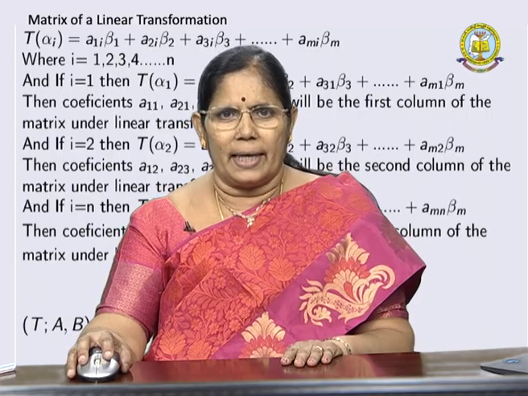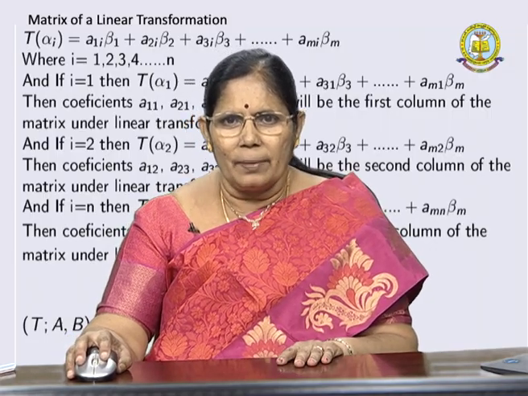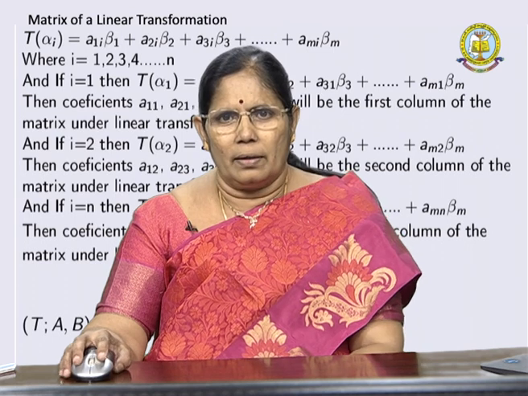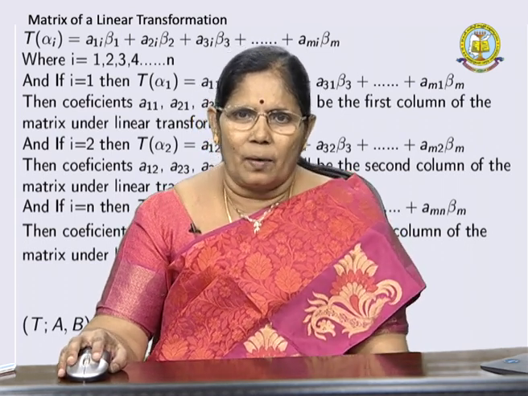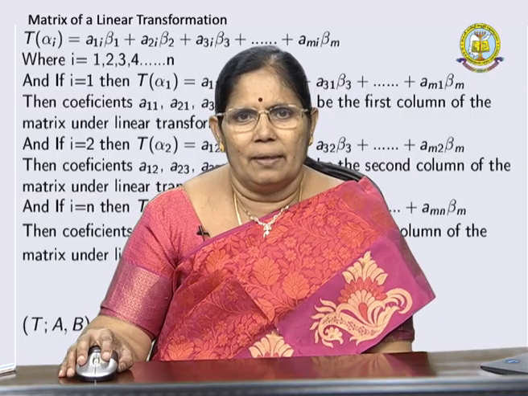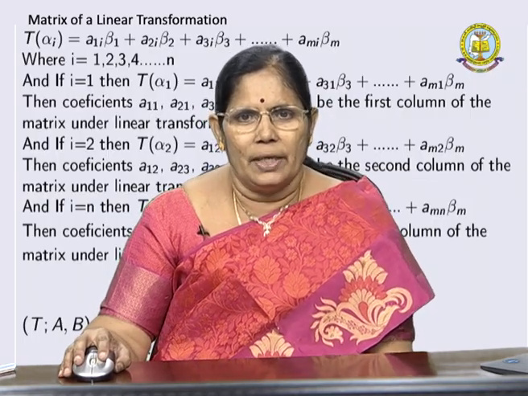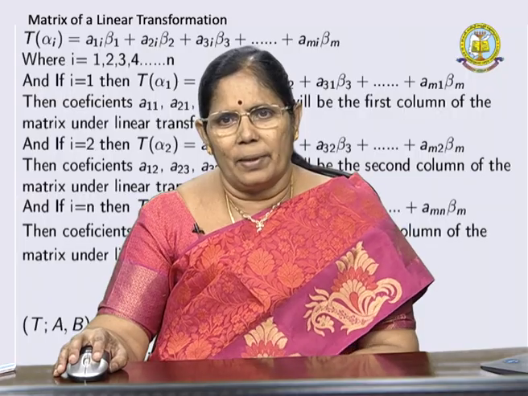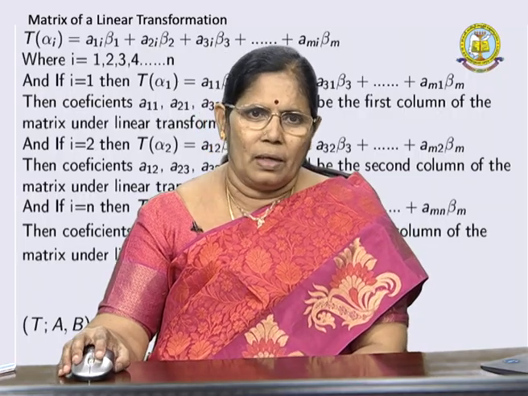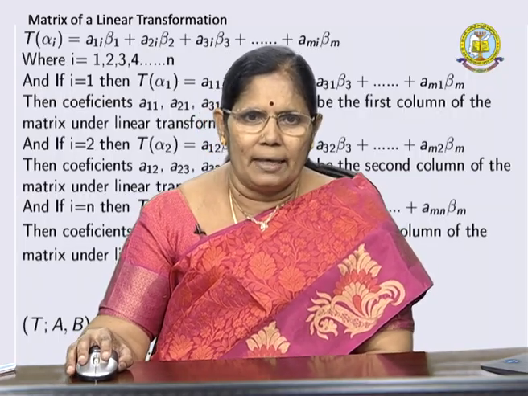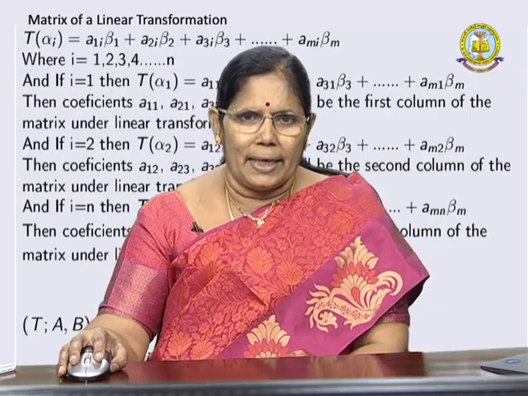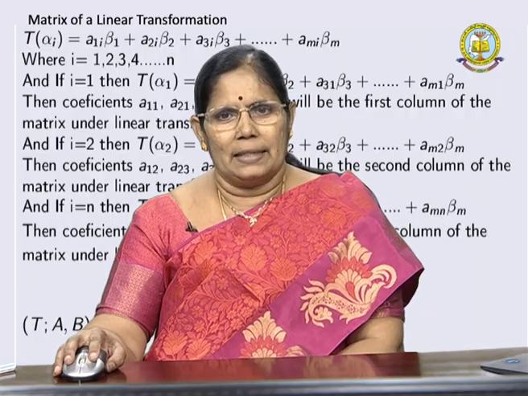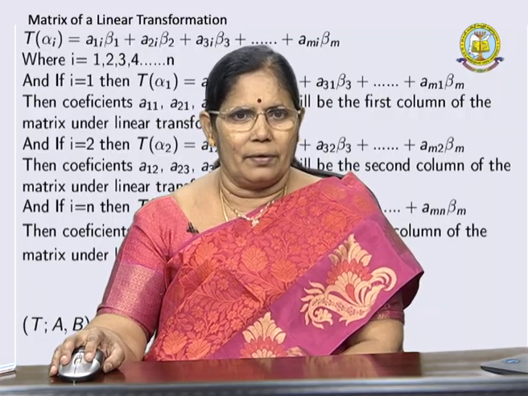If you simplify, after simplification and using the properties of sigma, you will get b1i beta 1 plus b2i beta 2, etc., bmi beta m is 0. So, that means you have b1i equal to 0, b2i equal to 0, etc., bmi equal to 0 for 1 less than or equal to i less than or equal to n.